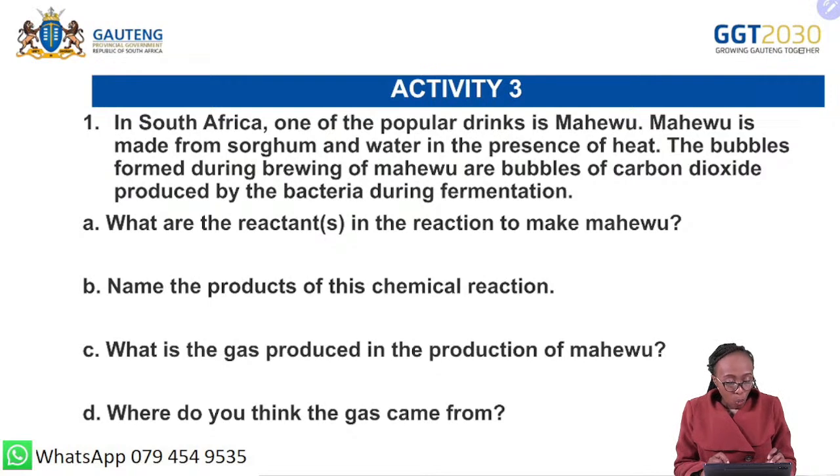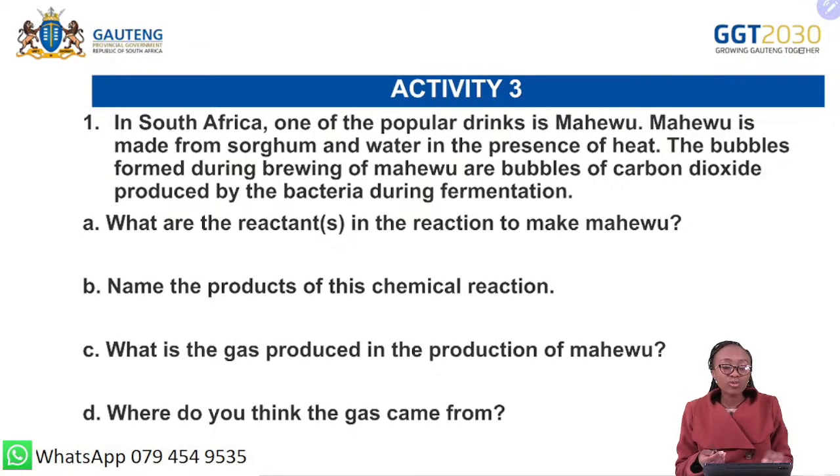Now, A, what are the reactants in this reaction to make maheu? B, name the products of this chemical reaction. C, what is the gas produced in the production of maheu? D, where do you think the gas came from?